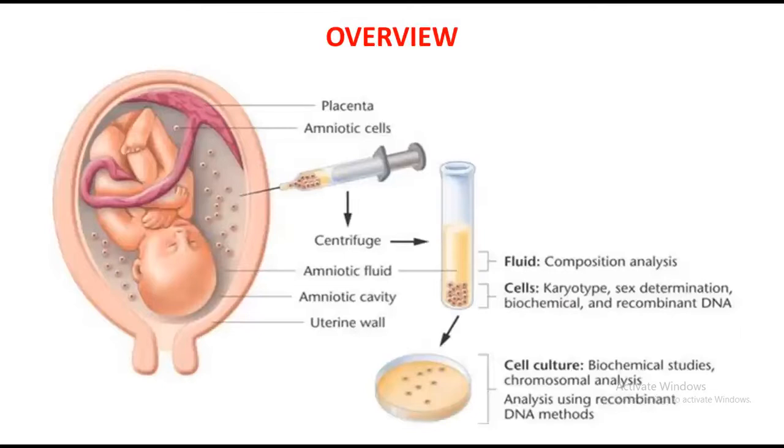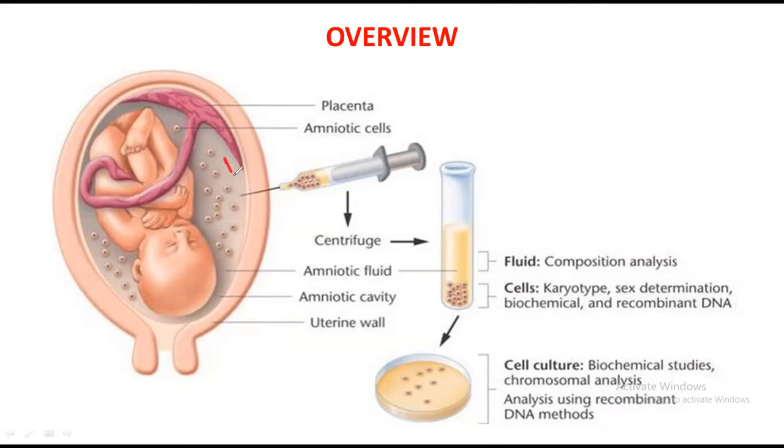First of all, I want to show you an overview of what amniocentesis really is and what the procedure is. After that I will discuss each and every step in detail. This is the womb of a mother, the baby is present, and this is the amniotic fluid.